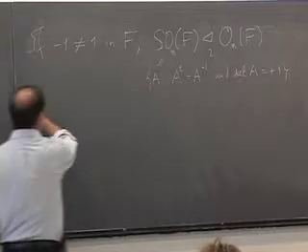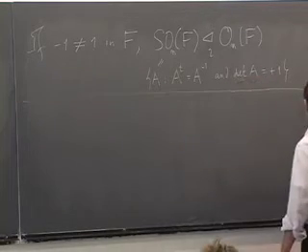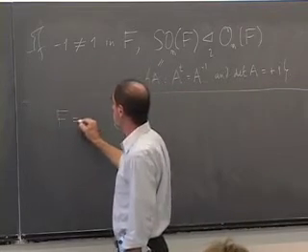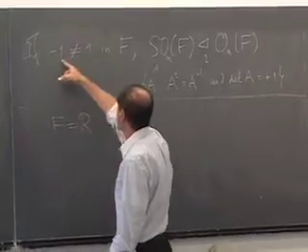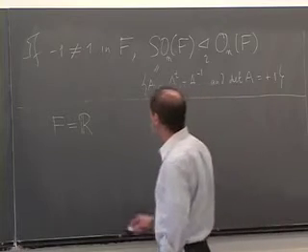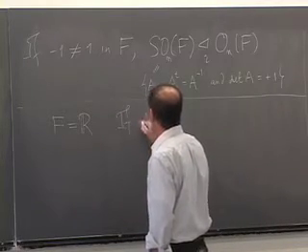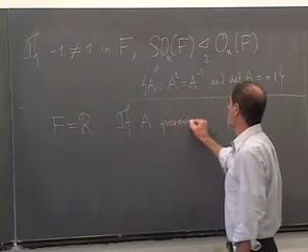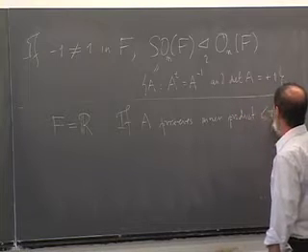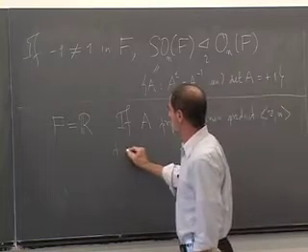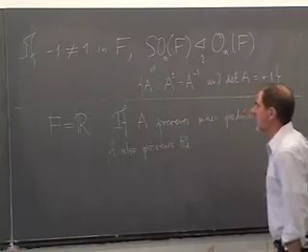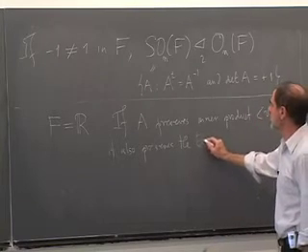And then at the end, I said we're going to specialize this discussion for a while, because it turns out to have beautiful geometric content, to the case where F is equal to the reals. Well, of course, in the real numbers, minus 1 is not equal to +1, so we do get a subgroup of index 2. And we notice that if A preserves the inner product of v and w, it also preserves the Euclidean norm.